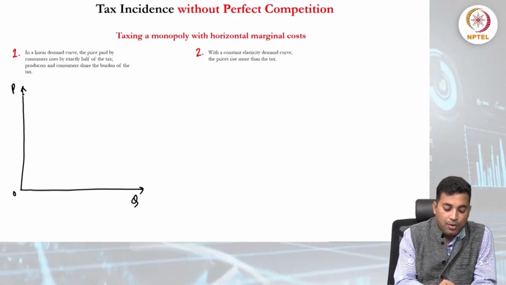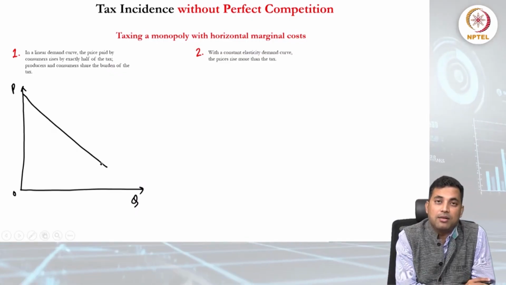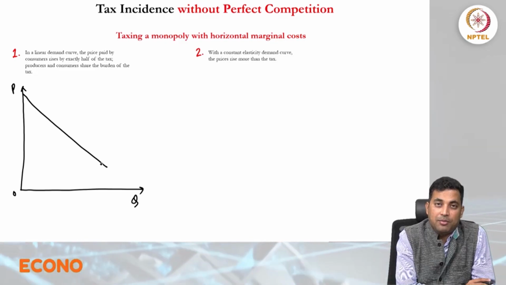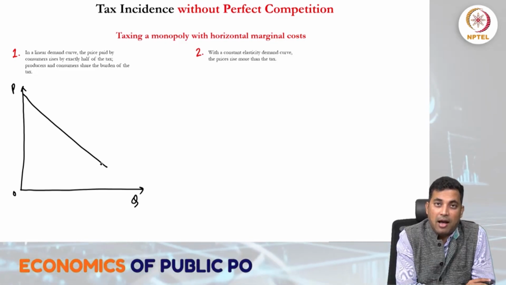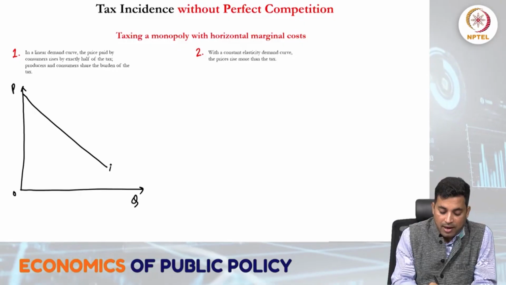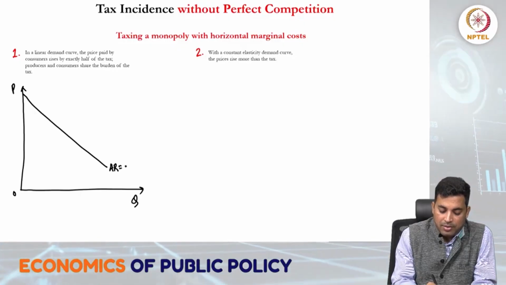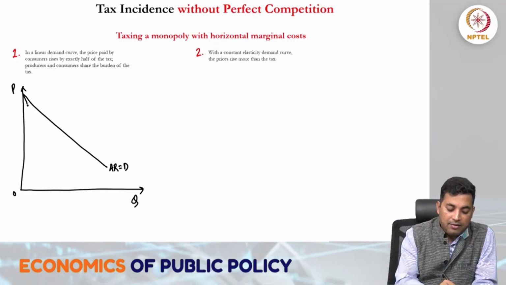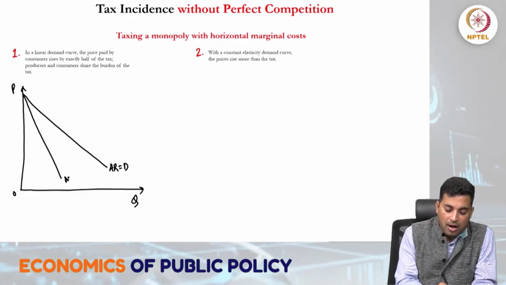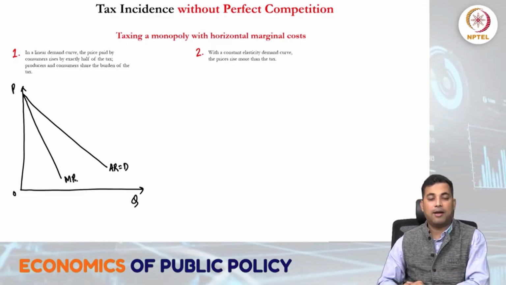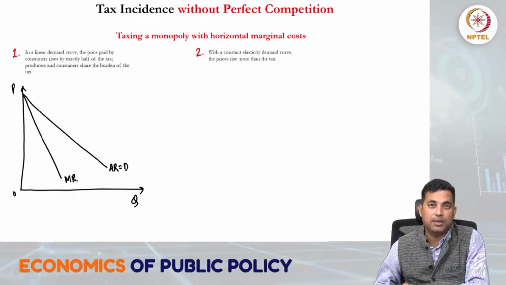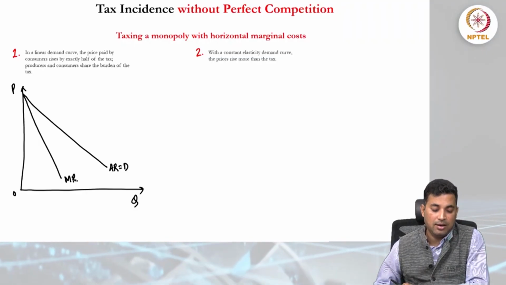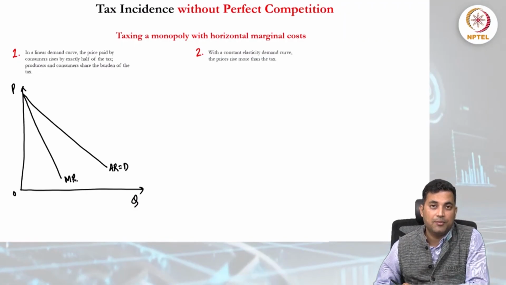As we know, the demand curve for a monopoly is represented by average revenue, so average revenue equals the demand curve, and marginal revenue will be half of the average revenue. The slope of the marginal revenue is exactly half of the demand function.